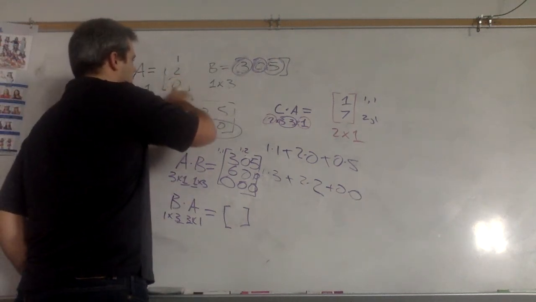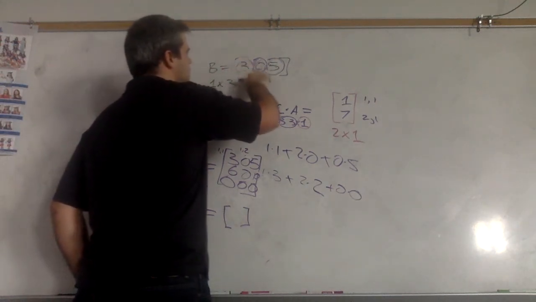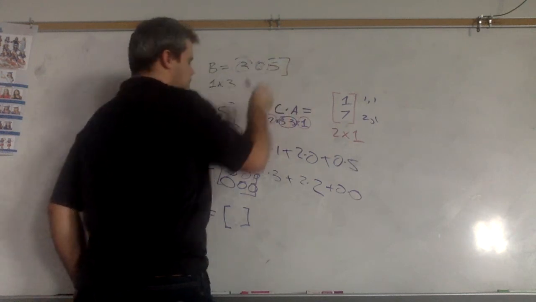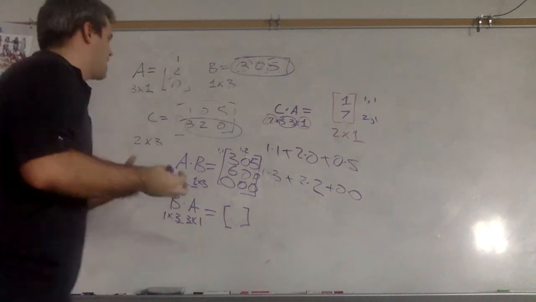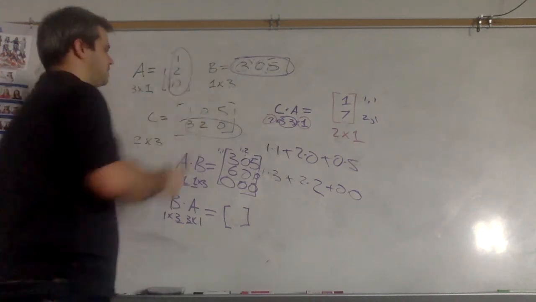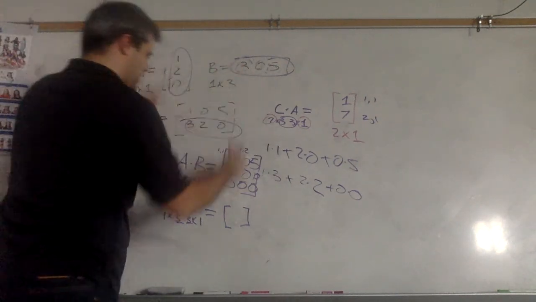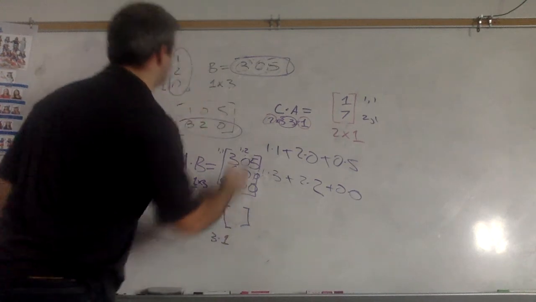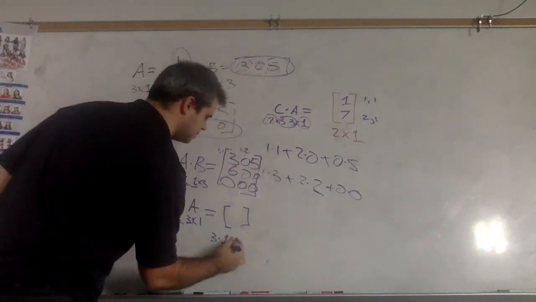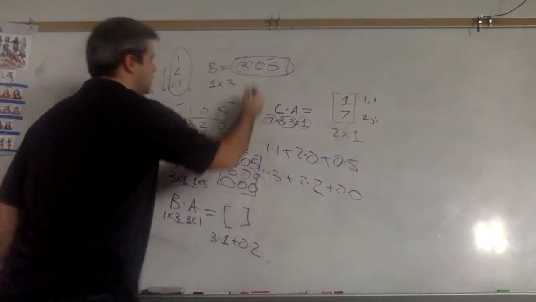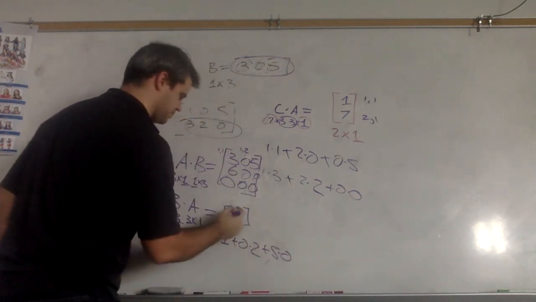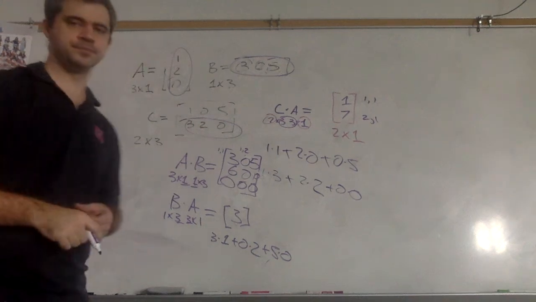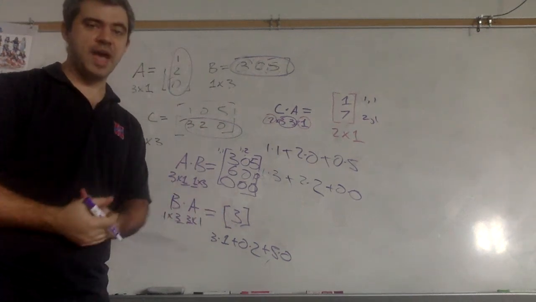So what do I do? I look at row 1 of my first matrix and column 2 of my second. So it's going to be 3 times 1, 0 times 2, plus 5 times 0. And there you have it.